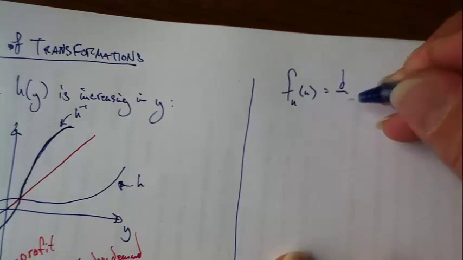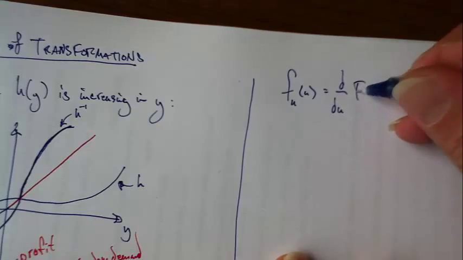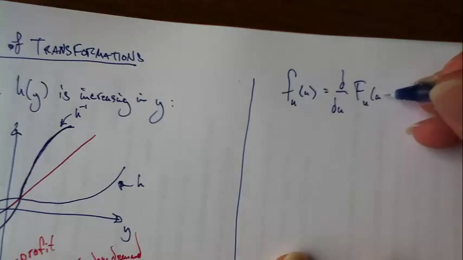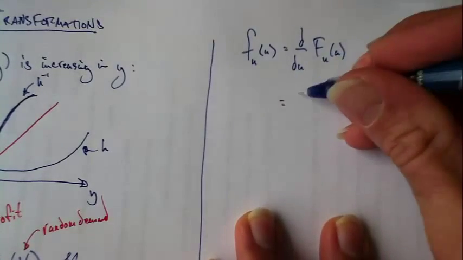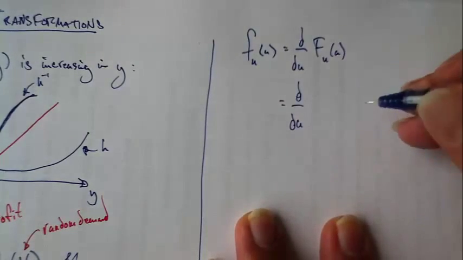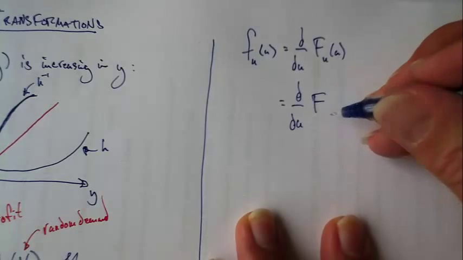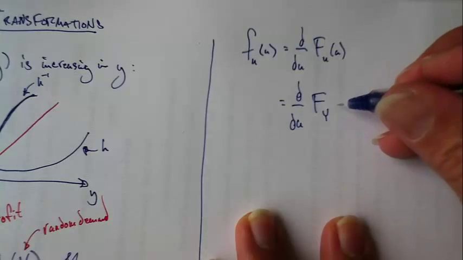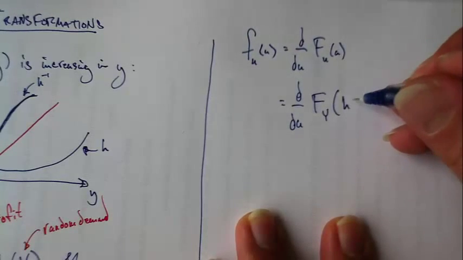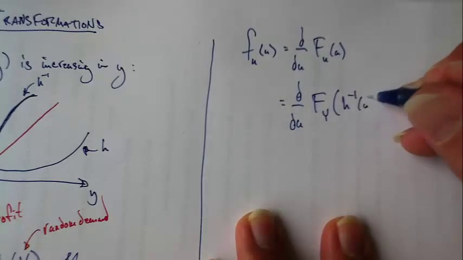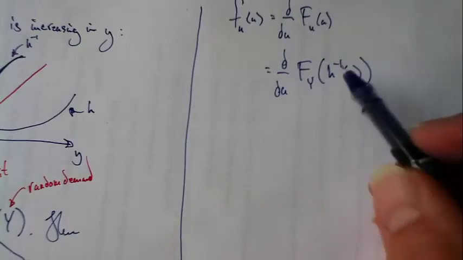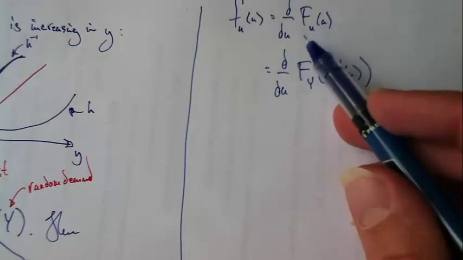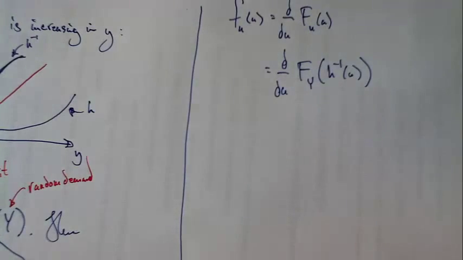It's, of course, the derivative with respect to u of the CDF of u. So this is the derivative with respect to u of the CDF of y evaluated at h inverse of u, using that previous stuff that we just did.